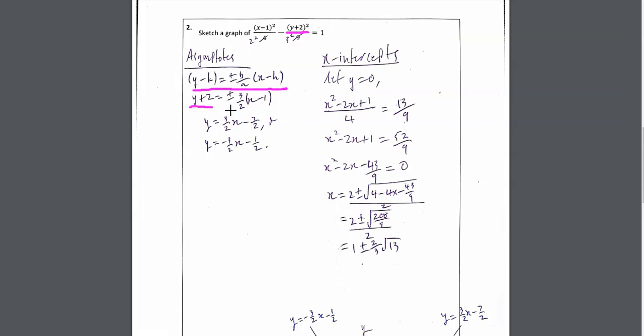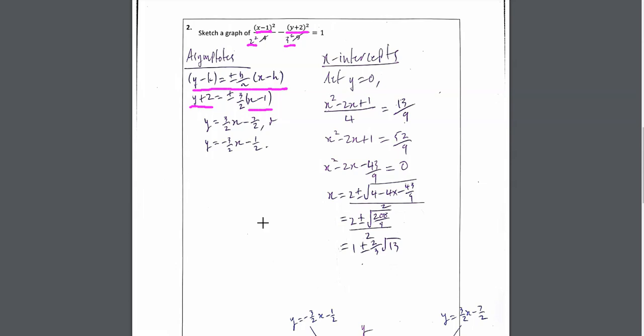That equals plus or minus b over a, so 3 over 2, multiplied by x minus h, which is whatever is written here without the squared sign. All right, so if you expand that out, you get 2 solutions. Once you minus the 2 over the left-hand side, you get 3 on 2x minus 3.5, or you get minus 3 on 2x minus 1/2.